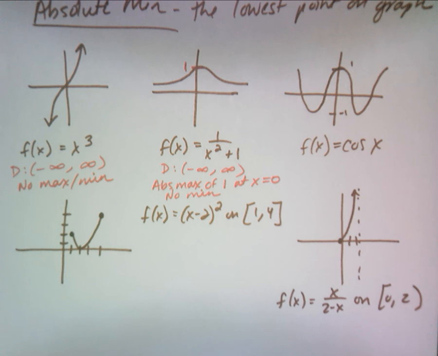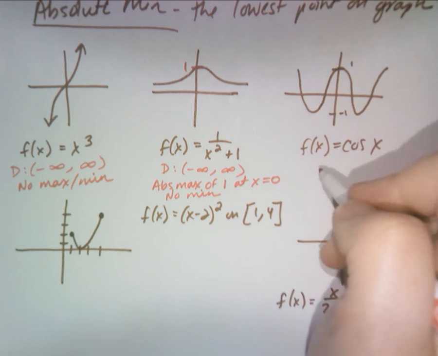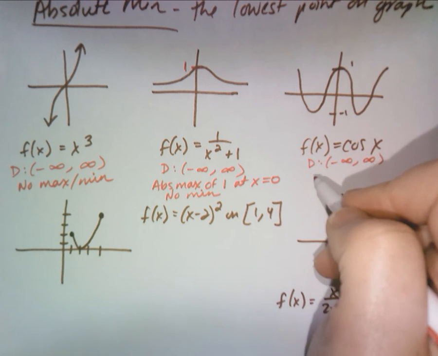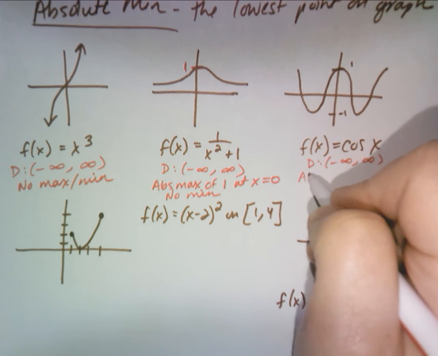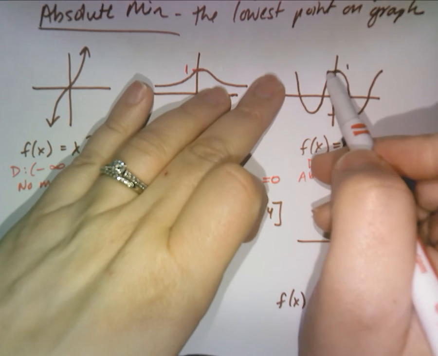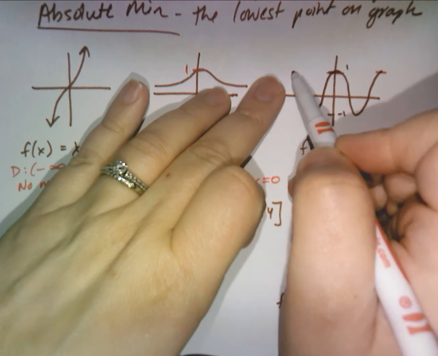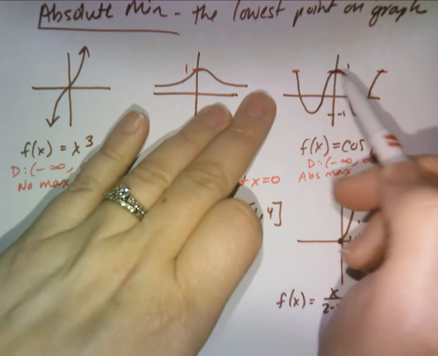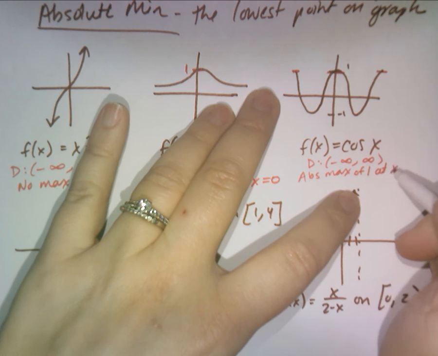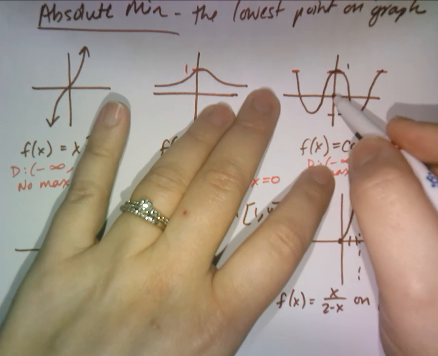Good old cosine graph, for those who don't remember. What's the domain? How wide is this going if I kept going on and on and on? All reals again, domain: negative infinity to infinity. Is there an absolute max? Yes. The absolute max is here, also here, also here. What is this value? 1. So there's an absolute max of 1 at x equal to, what's this x value?